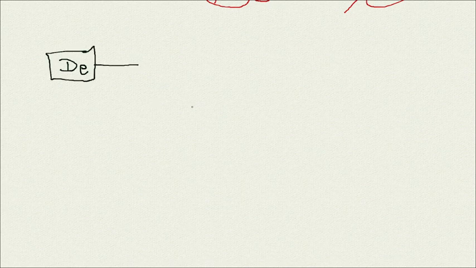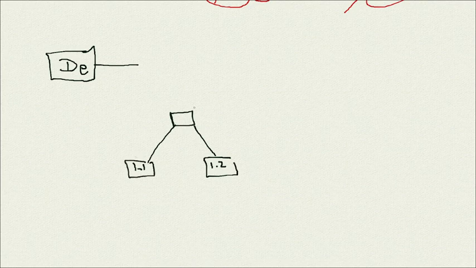Default route means, so now I am connecting some devices. I'll take 1.1 and 1.2 right now. Here it's 1.1, here it's 1.2, and this is a switch. So 1.1 can reach 1.2, and 1.2 can reach 1.1.